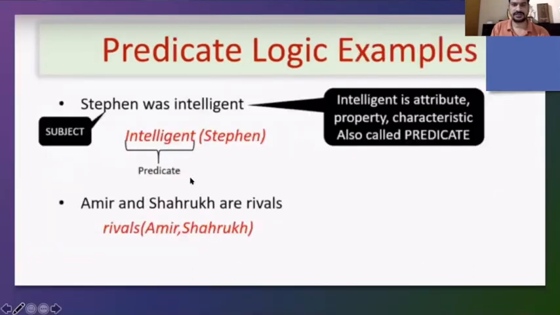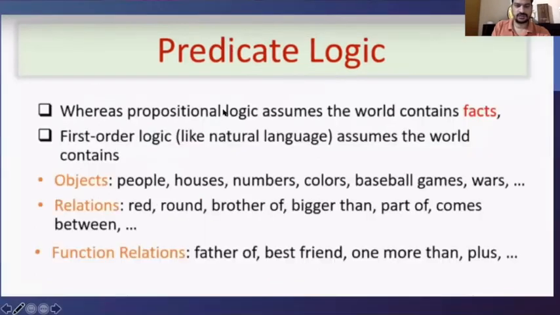Let's see some examples so that you could understand very easily. It is saying that Stephen was intelligent. So how can you say that Stephen is intelligent? In that you have to find out two things. The first thing is the object and the relation between them, or the function relation if it is there.